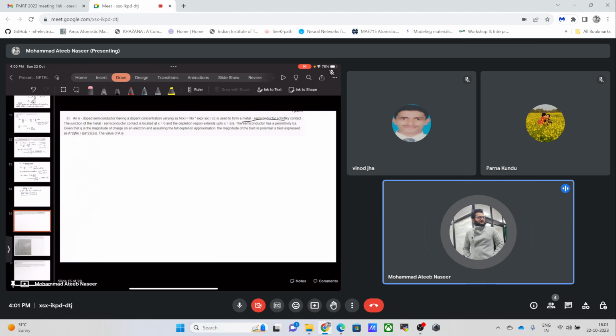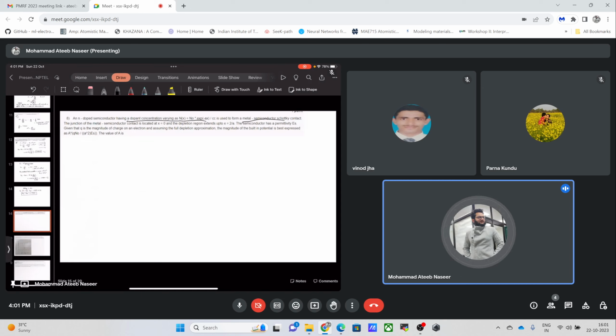It says that we have some n-doped semiconductor whose doping concentration varies with position, given by this exponentially decaying relation, N naught times exponential of minus ax.